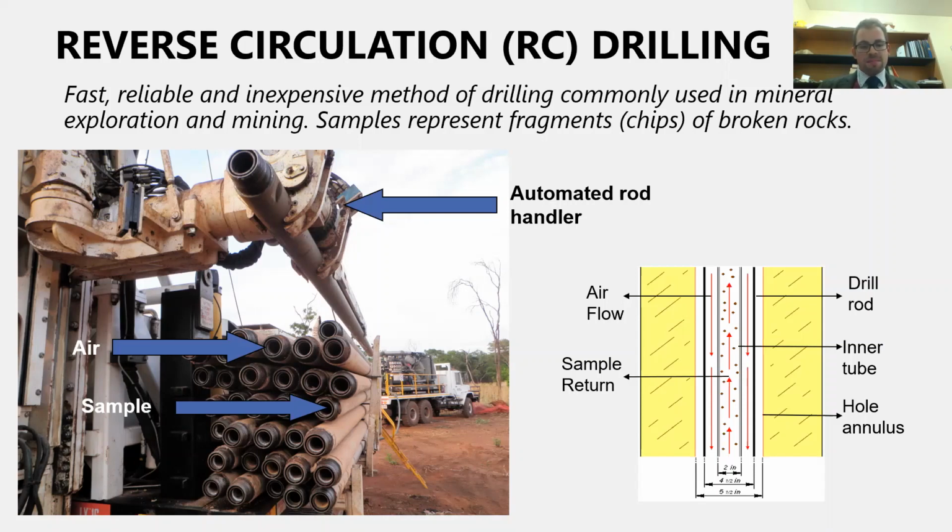You will see that highly compressed air will be injected between the outer and the inner rod in this small space here, and this compressed air will then activate the drill hammer that's sitting at the bottom of the hole, and this drill hammer will crush the rock, produce these chips of broken rocks, and the sample will then be pushed through the inner tube and up to the surface again, where geologists can sample it.